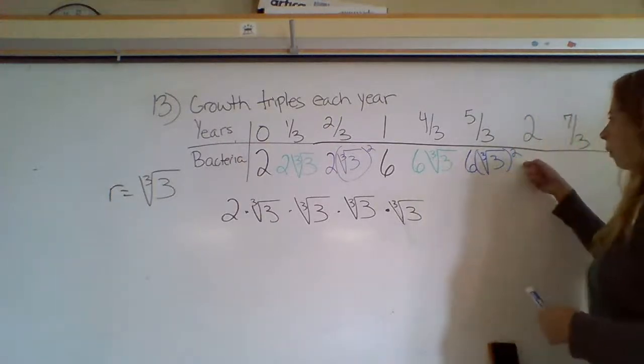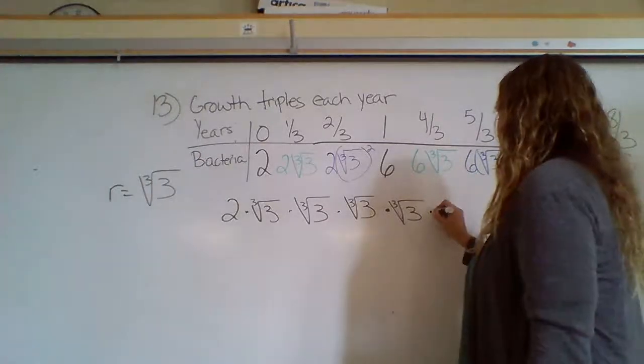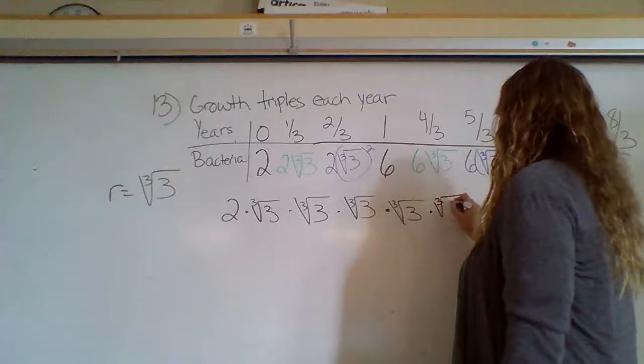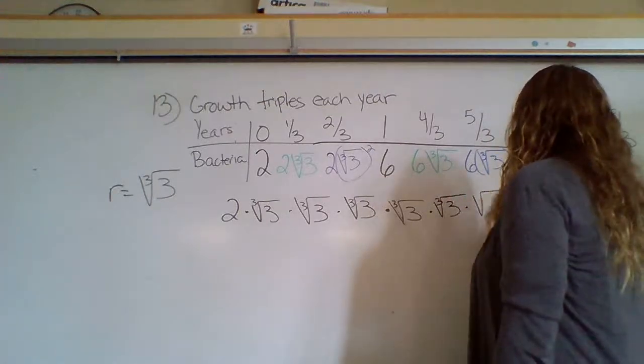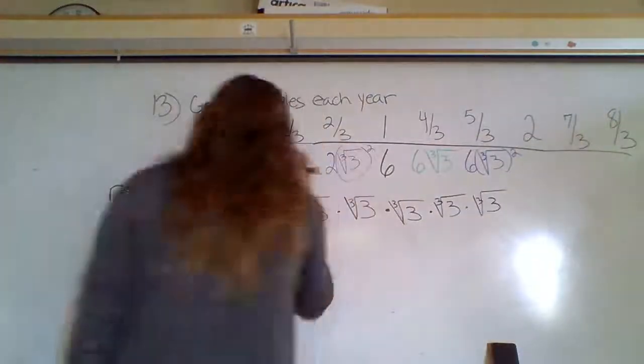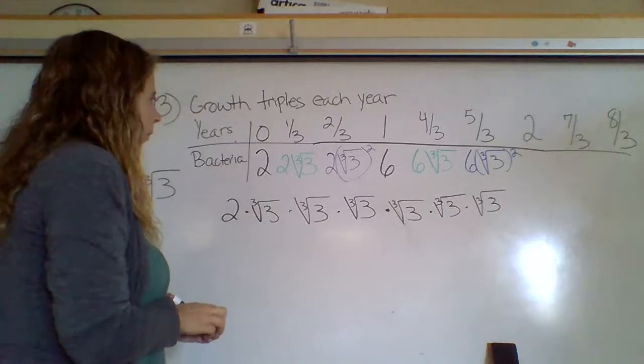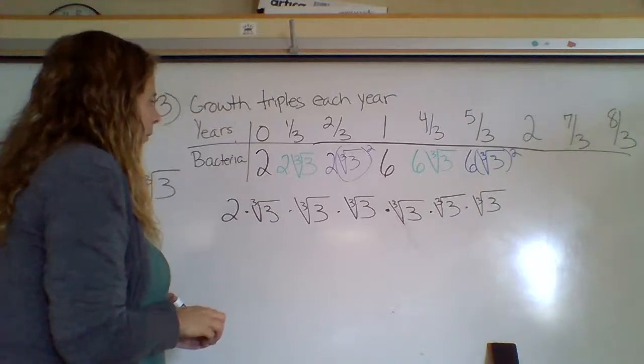And then for 2, let me catch up on this guy. Cube root of 3, cube root of 3. Okay, so for this guy, I forgot what I was going to say.